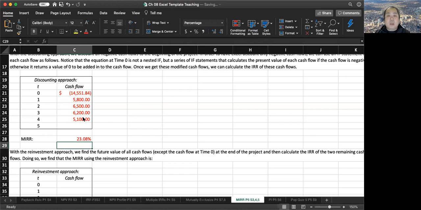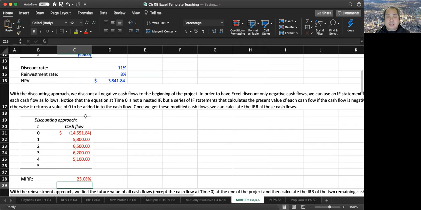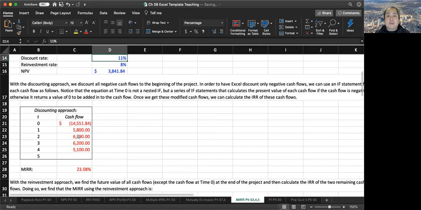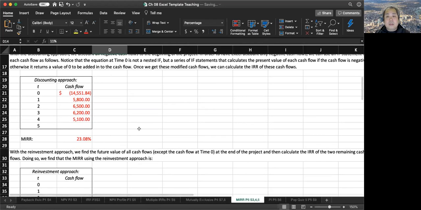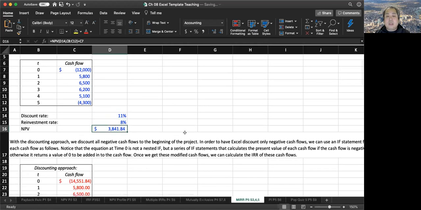Since this is not a non-conventional cash flow anymore, we can trust the IRR. It is higher than R, 11%, and if we compute NPV, NPV is actually equal to $3,841.84. It is good, consistent.